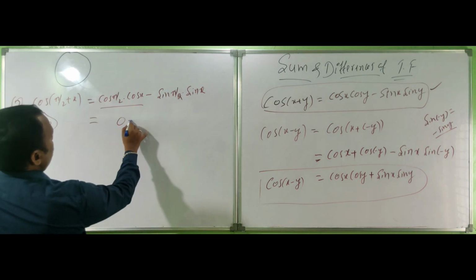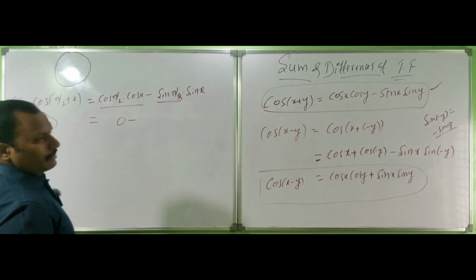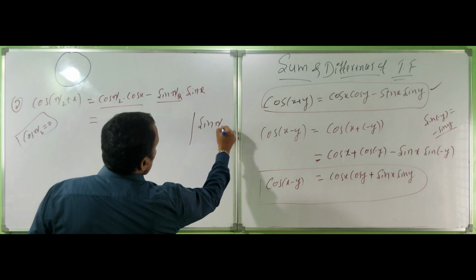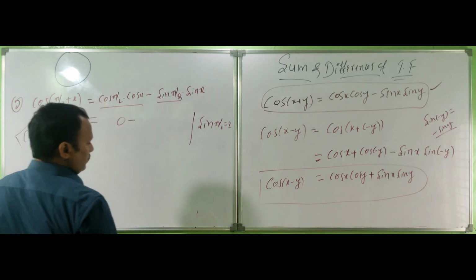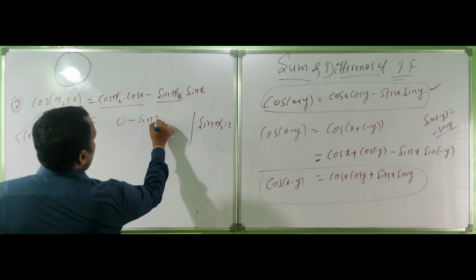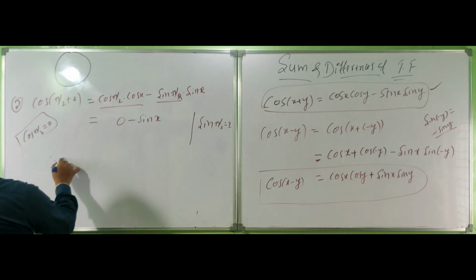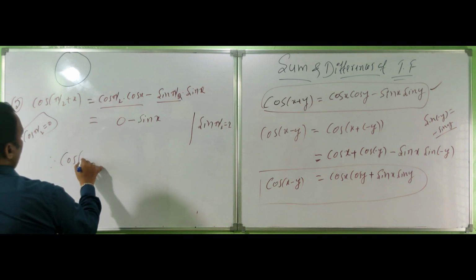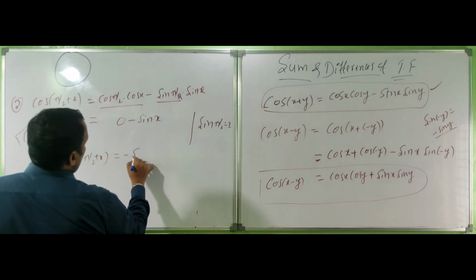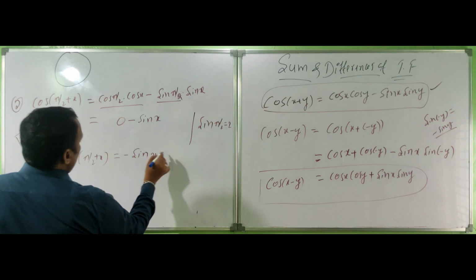Sin of pi by 2 is equal to 1. Therefore, this gives minus sin of x. Therefore, cos of pi by 2 plus x is equal to minus sin of x.